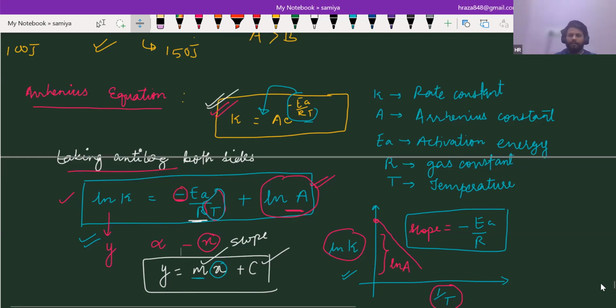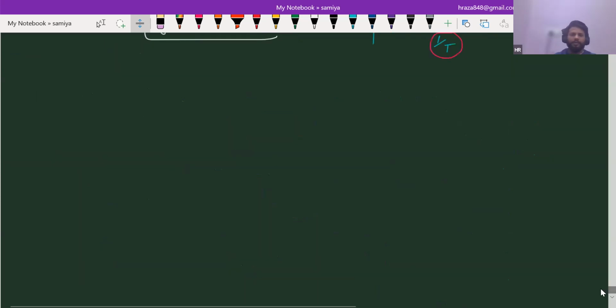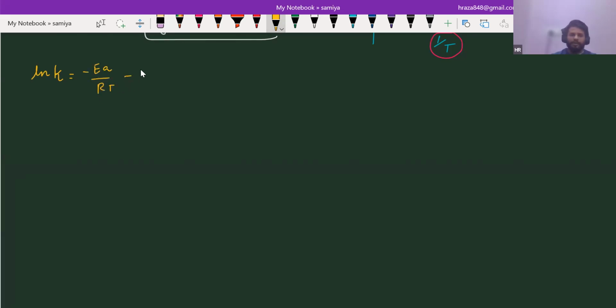Now I'm going to derive the formula again from this. As you can see that we have ln k equals minus Ea upon RT plus ln A. Now I'm going to take a temperature T1 at which the rate constant is K1, and at temperature T2 the rate constant is K2.